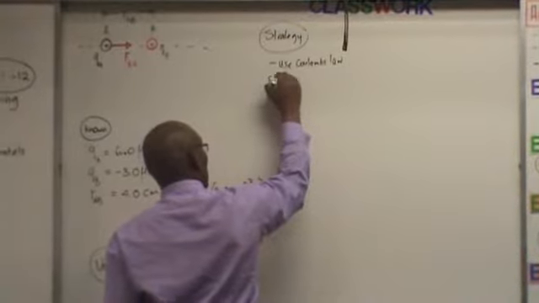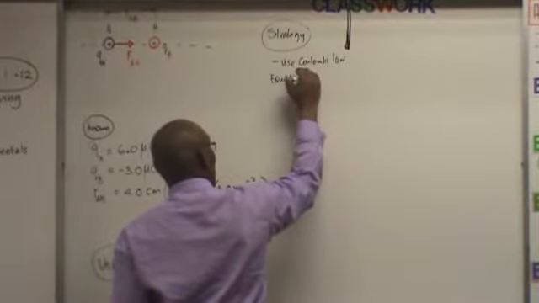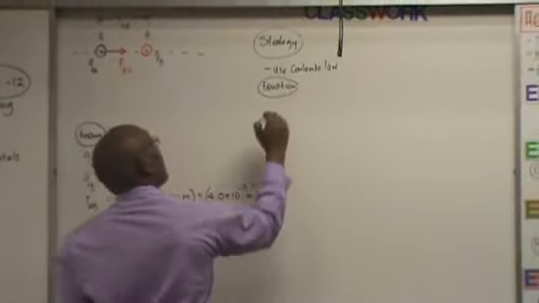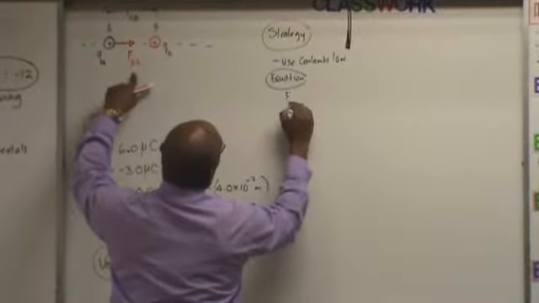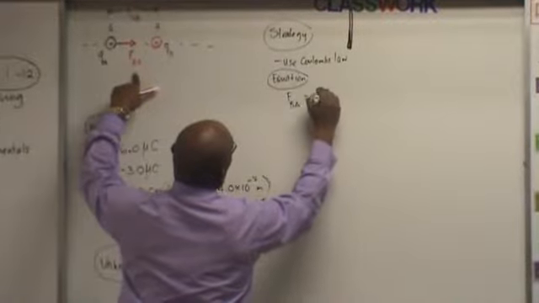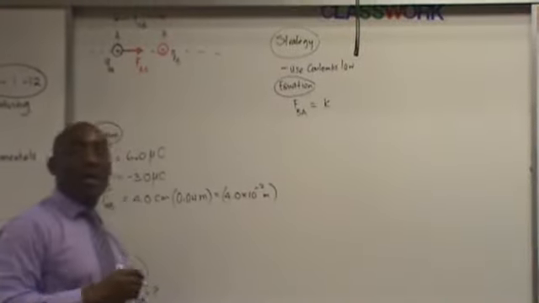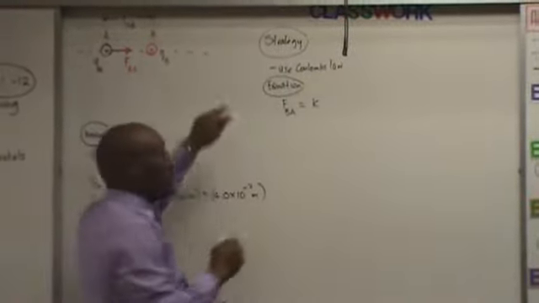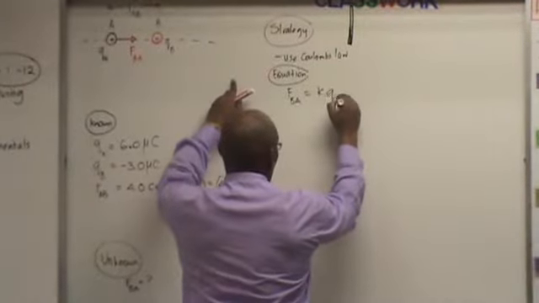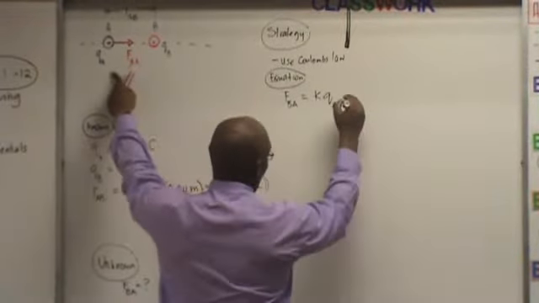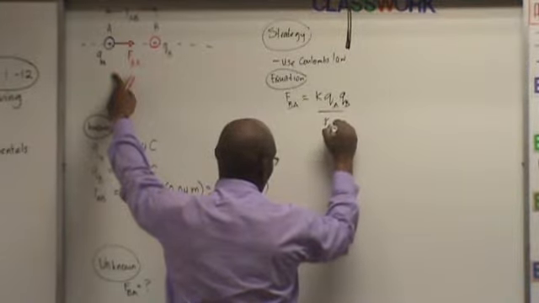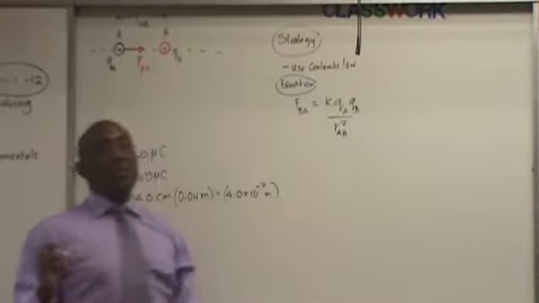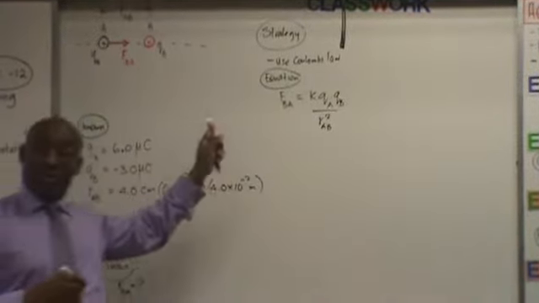So our equation for Coulomb's law: the force of B on A is equal to k, that's a constant, Q1... QA, QB, over RAB squared. We're applying that to this situation, okay?